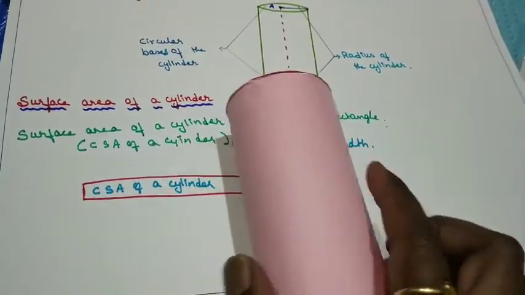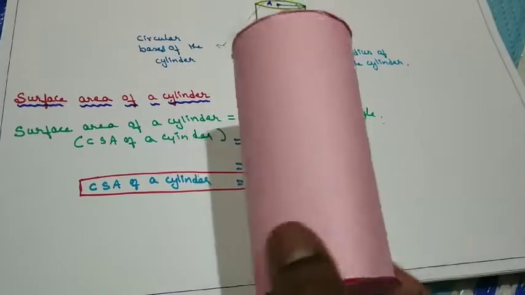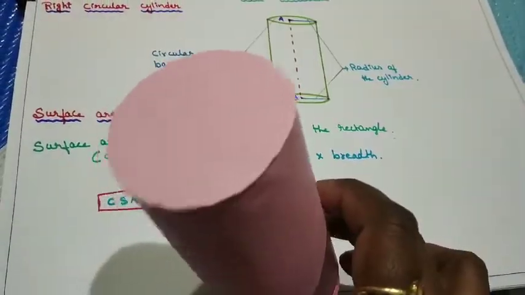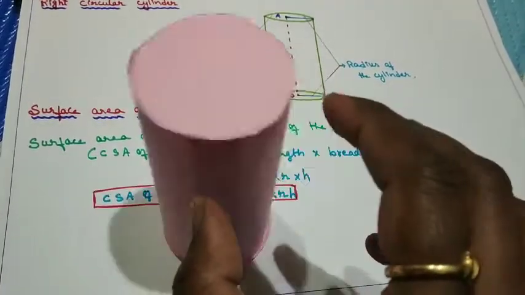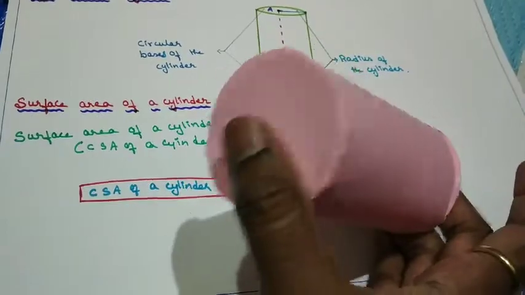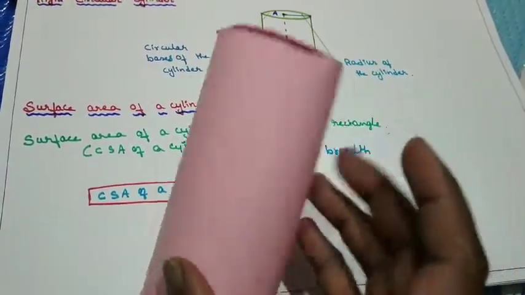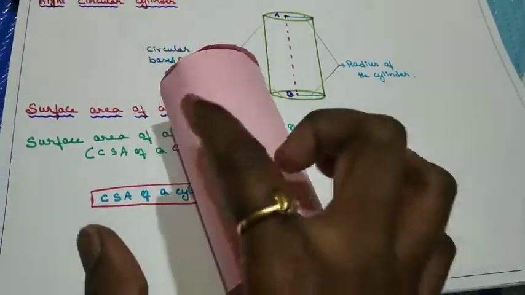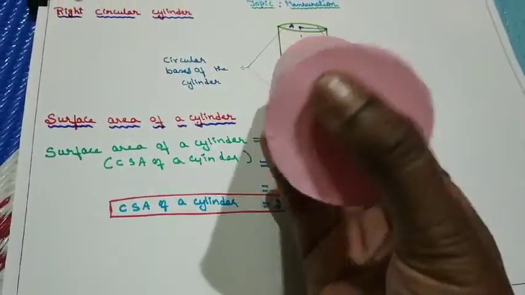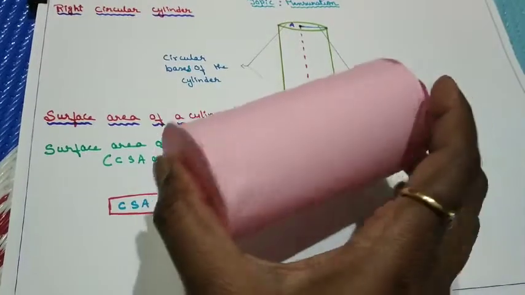CSA is the curved surface area of the cylinder. TSA is the presence of both faces, that is the ends of the cylinder. If both are covered, then it becomes the TSA of the cylinder. Means for the TSA of the cylinder, we need to add the area of the circles. Where are the areas of the circles added?